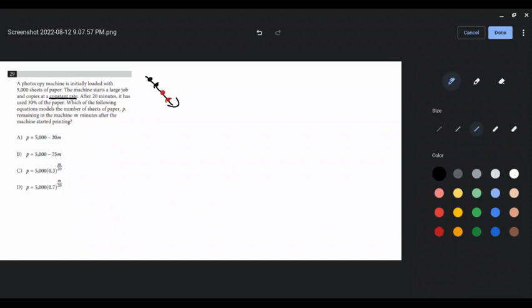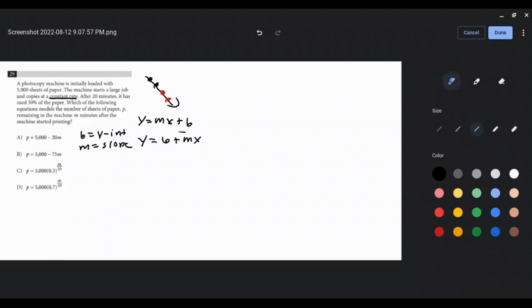So the equation for a line is y equals mx plus b, where b is the y-intercept and m is the slope. So right off the bat, none of these equations look identical to the one I wrote up, but we can easily rearrange this one to y equals b plus mx.